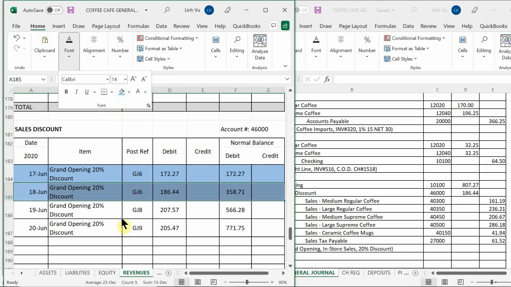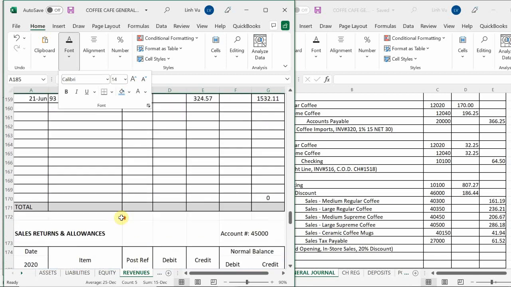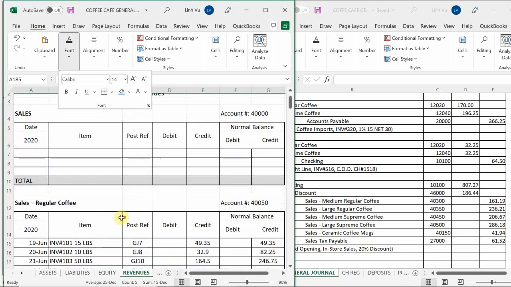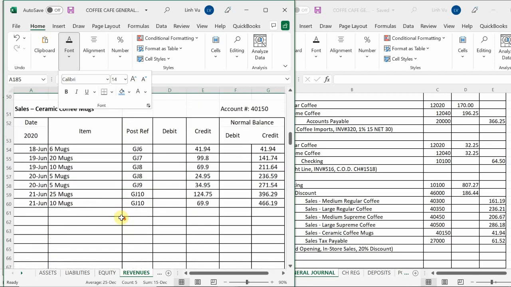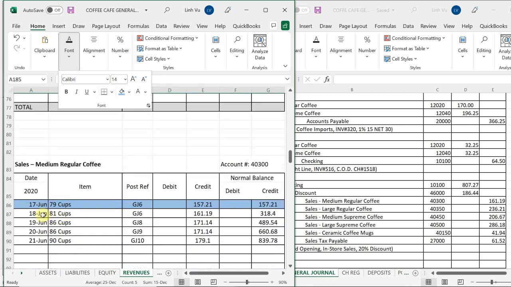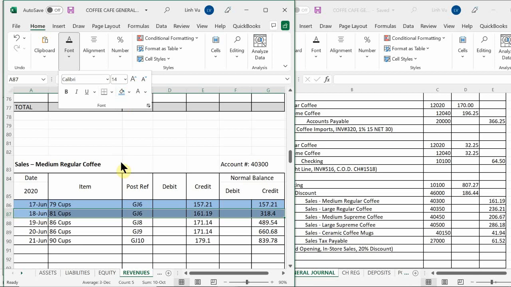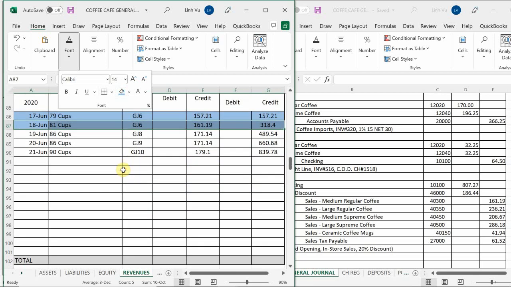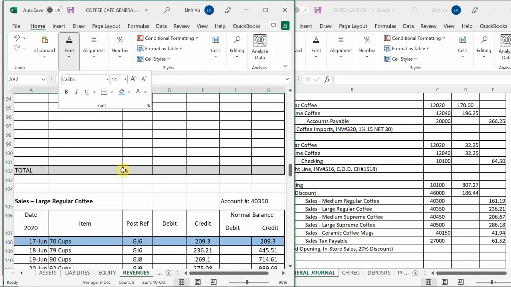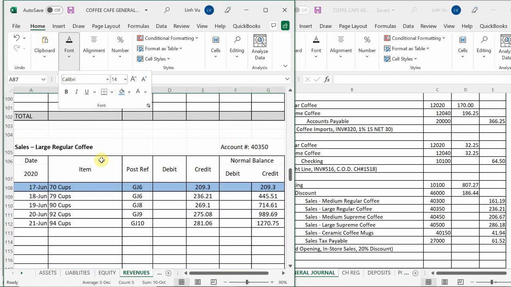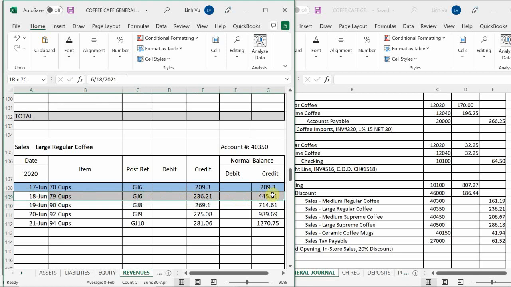Then go through all the sales. So we have sales of medium coffee right here for the 161. We have the medium for the 236. Or large, sorry, large regular.